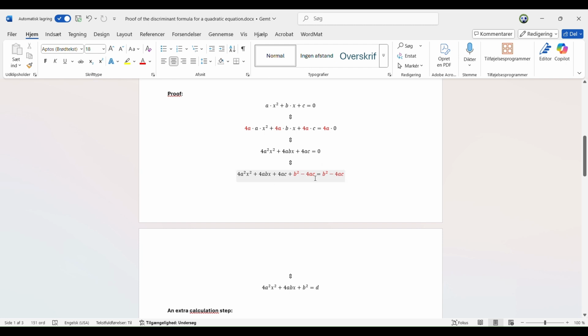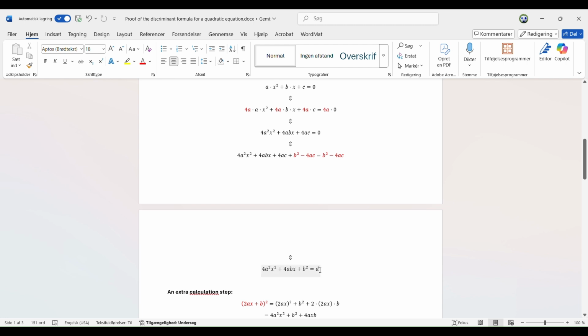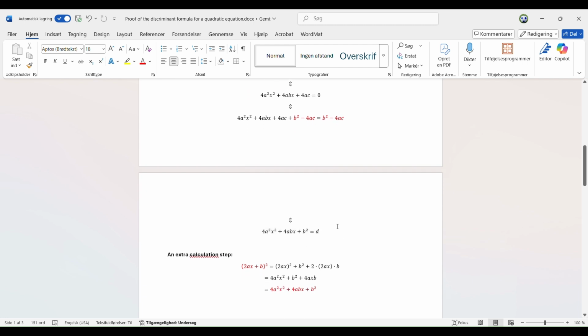So these two terms will disappear, and we're left with the first term, the second term, and the fourth term. We take this, which is equal to d, and we write d instead of all of this, which will make it easier for us to look at this equation.